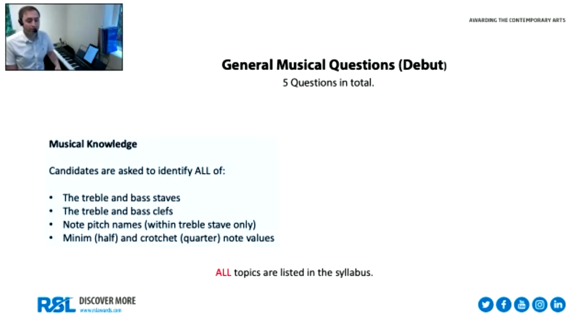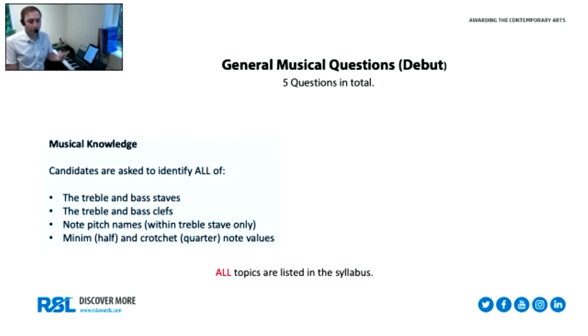So, for example, if the examiner says, "Please point to the treble clef," they can point to it. They don't have to explain it in any detail, but they still have to show knowledge, which is really important. So we've got treble and bass staves and treble and bass clefs, note pitch names, and also note values.